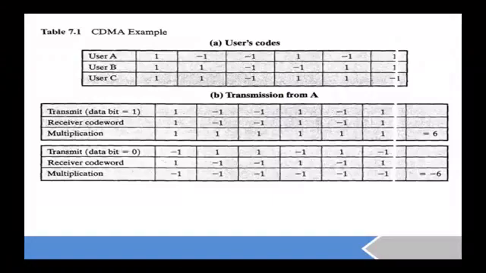We get SA of -1, 1, 1, -1, 1, -1, that will be equal to -1 times 1, 1 times -1, 1 times -1, -1 times 1, 1 times -1, and -1 times 1. And all these products will be added up to give us the result equal to -6.